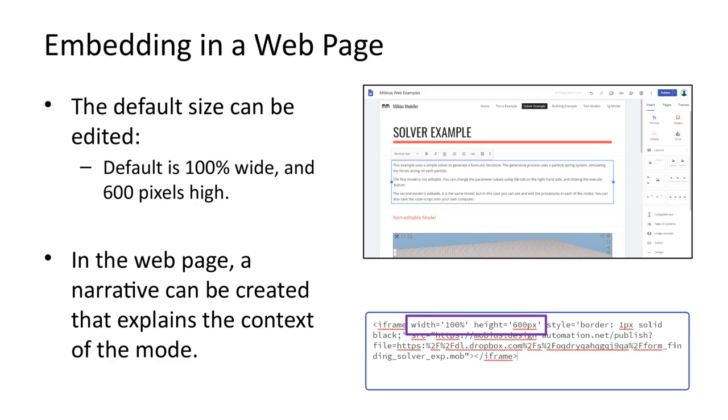The embed code generated by Möbius has a default width of 100% and a default height of 600 pixels. You can edit these as required. In addition, in the website, you can create a narrative that gives background context that explains the script. Such a narrative can be critical for visitors to the site to understand what the script is about.